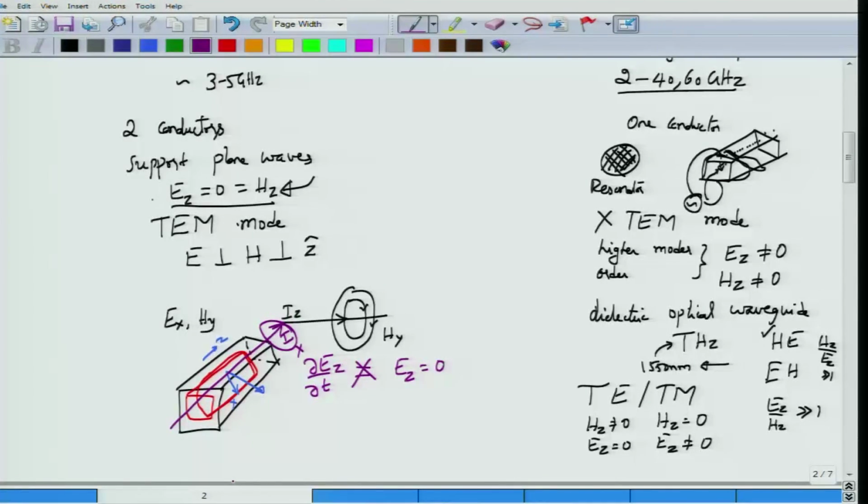So because there is no longitudinal current, you cannot have the magnetic fields, and because of this reason you cannot have only Ex and Hy components which form the transverse electromagnetic mode structure. Therefore, waveguides do not support a TEM mode.